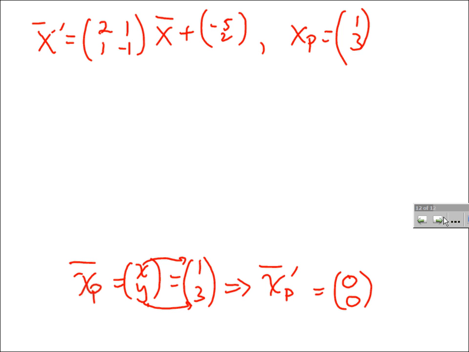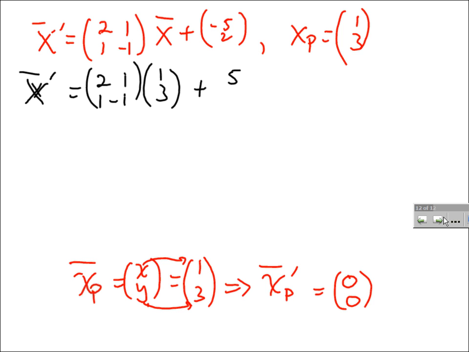Okay, so let's see if we get that. Now we have x prime bar is equal to (2, 1; 1, negative 1) times x sub p plus (negative 5, 2), and we want to question that equal sign.